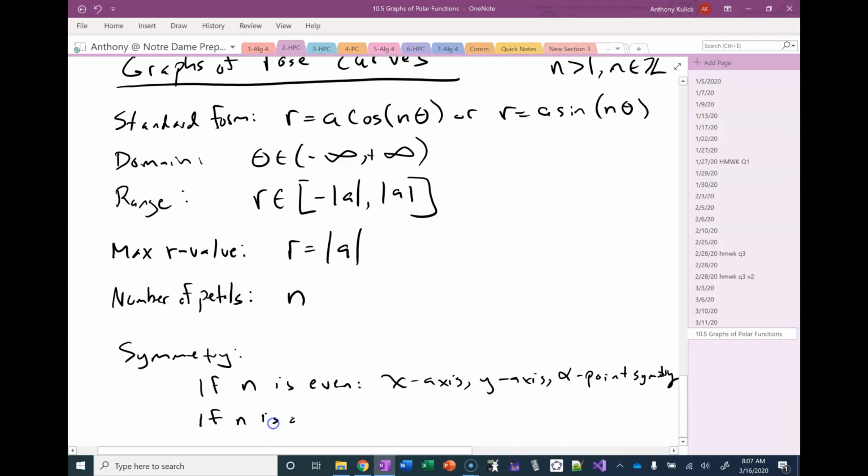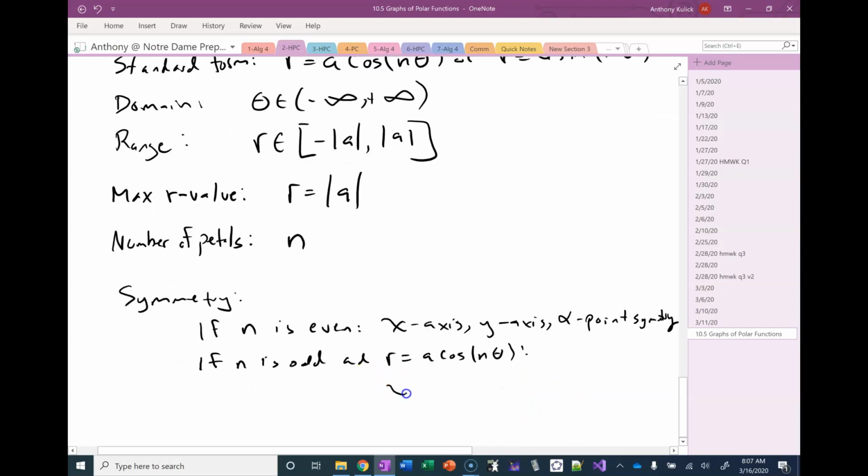If n is odd and r is a times cosine of n theta, we have x-axis symmetry and alpha point symmetry.